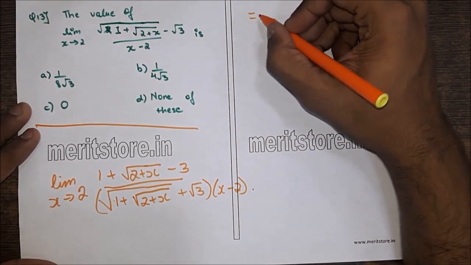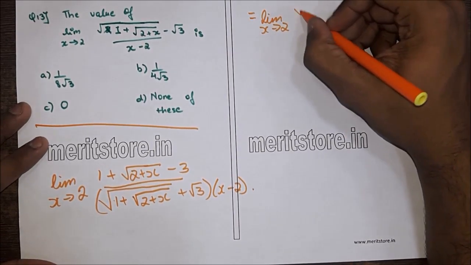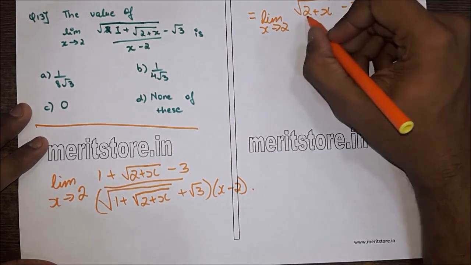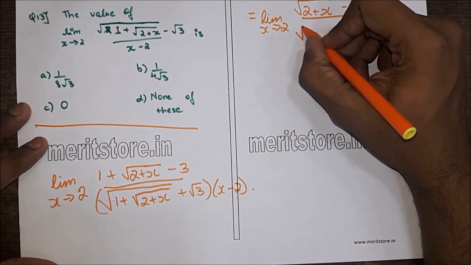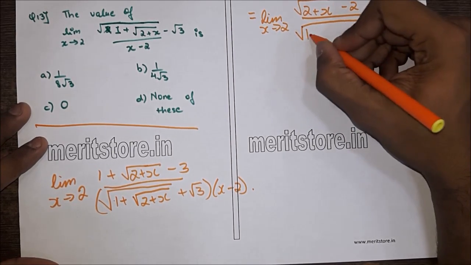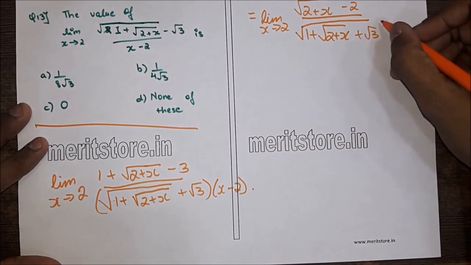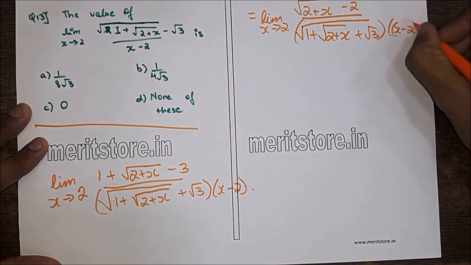That gives us limit of x tends to 2, root of 2 plus x minus 2 upon root of 1 plus root of 2 plus x plus root 3 into x minus 2.